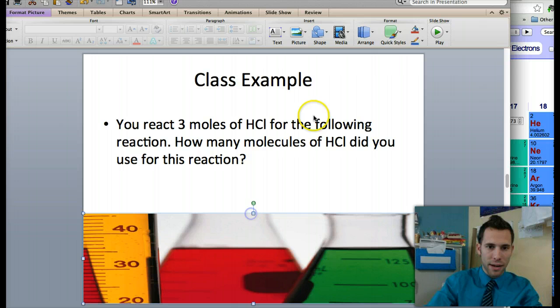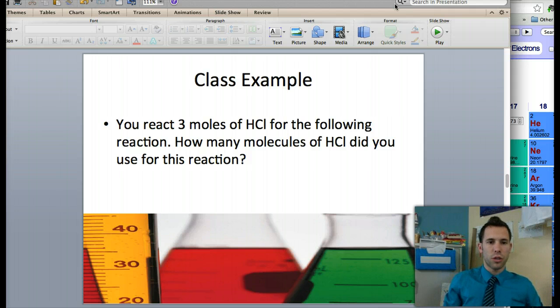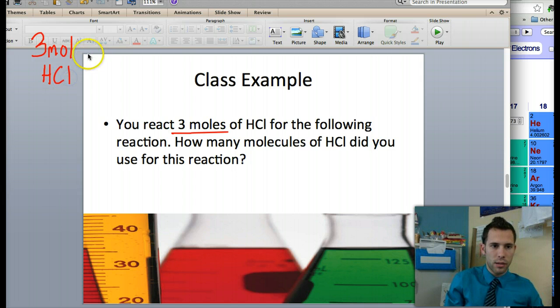So let me give you an example. Say, for instance, that you react 3 moles of HCl. How many molecules did you react? Well, you start, of course, with the 3 moles you're given. So we know we have 3 moles of HCl. And we're always going to multiply that by what we want over what we have.